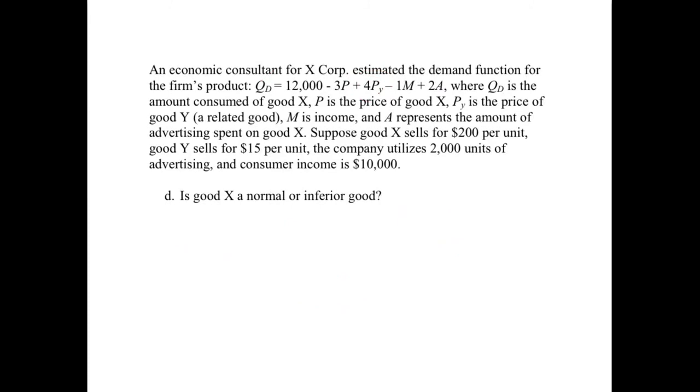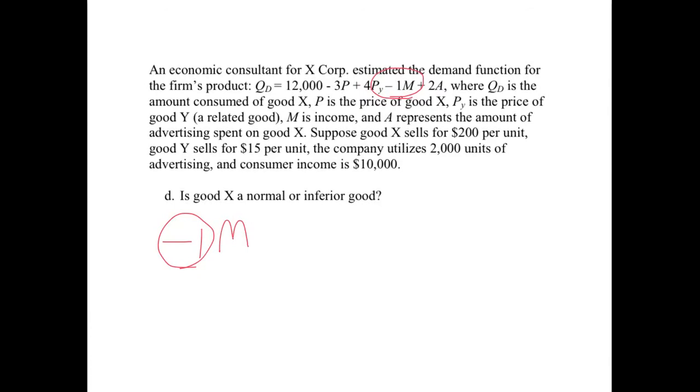Last question, is good X a normal or inferior good? Well, again, we want to focus on a coefficient. Normality and inferiority are based on how a good responds to changes in income. We'll notice that the income term has a -1 m, -1 times income. This negative coefficient tells us that as income goes up, consumers of this good will buy less of that good.